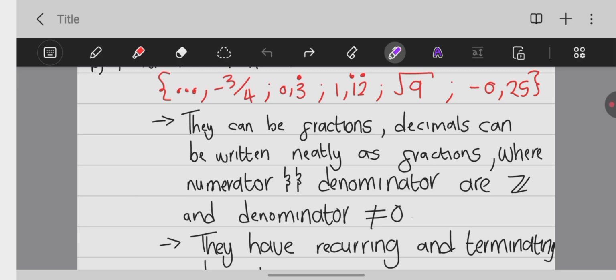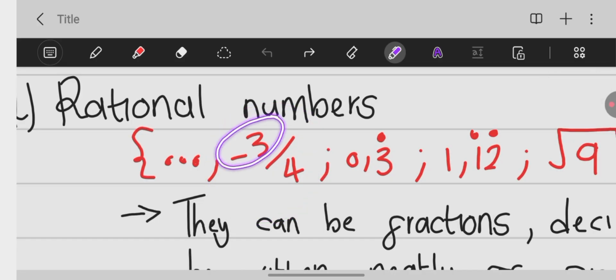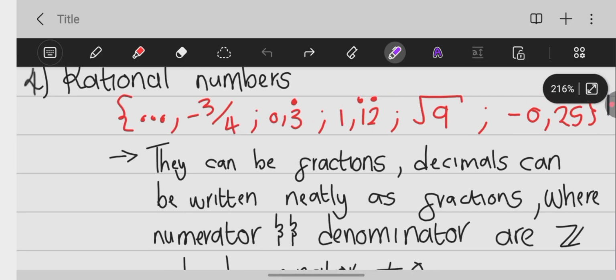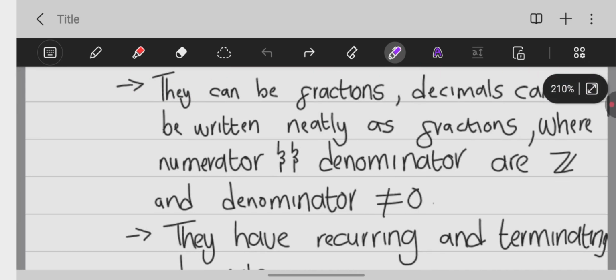And if you have fractions, you would want your numerator and denominator to both be integers, where the denominator cannot be equal to 0. If you check this, for example, your numerator is an integer and your denominator is an integer. However, the denominator is not equal to 0. I think this could be written as 1/4, -1/4, like so. So it can also be written as a fraction.